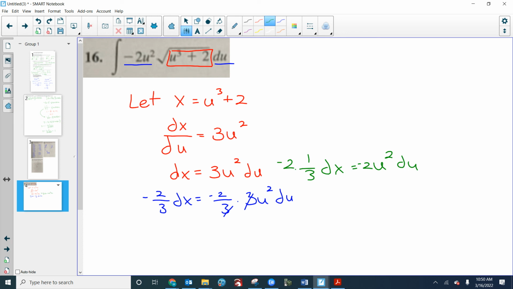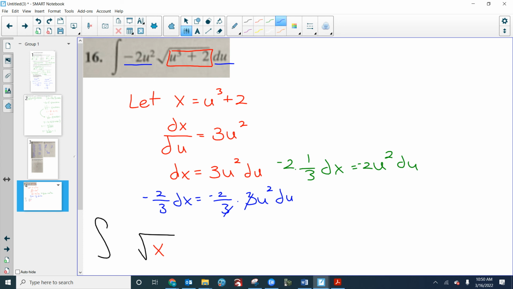All right, so wherever we see a -2u squared du, we're putting in a -2/3 dx. So here we go. We got a square root. What goes underneath? X does. This is weird. X goes under the square root because x equals u cubed plus 2.